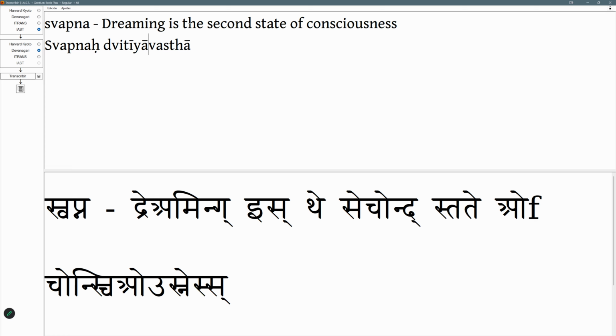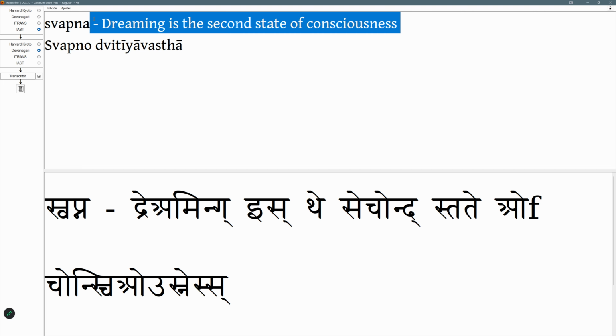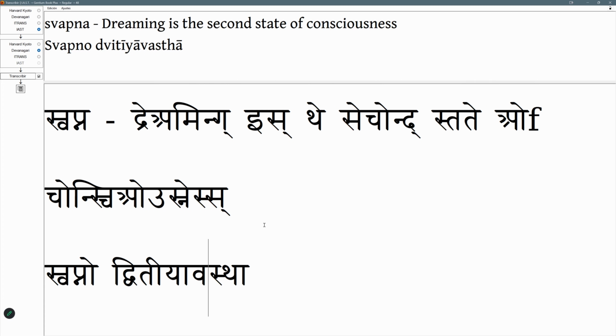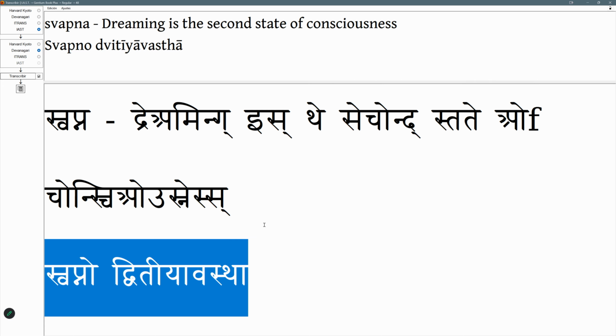Swapna dvitiya avastha. So here combinations in front of da becomes o. Swapno dvitiya avastha. Dreaming. I will remove this. Let me see. No, I don't need to remove. Put like this. So this is the Sanskrit.